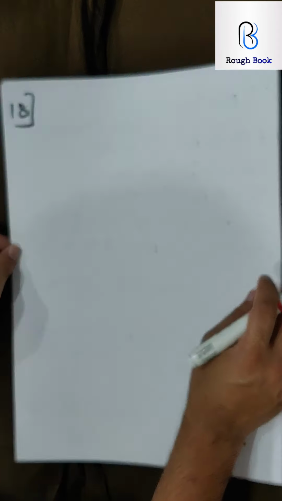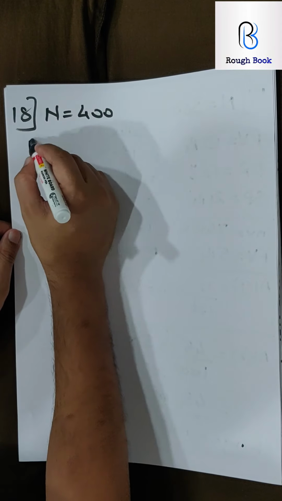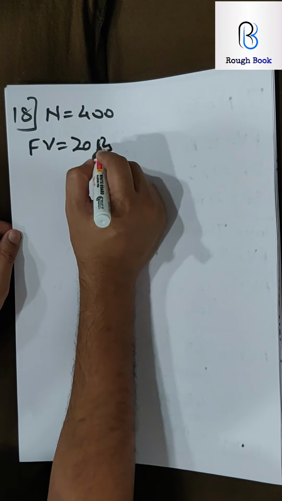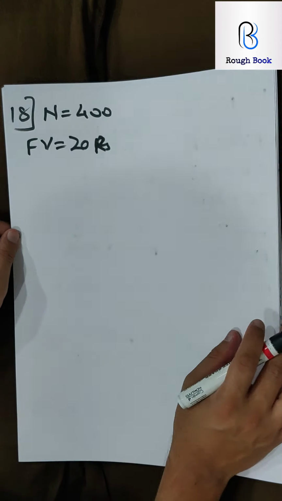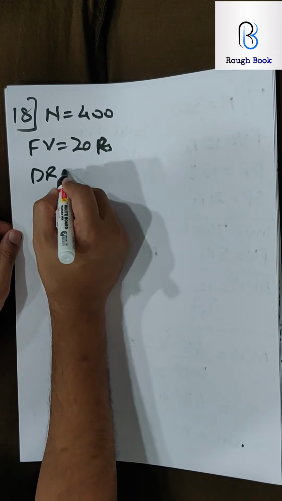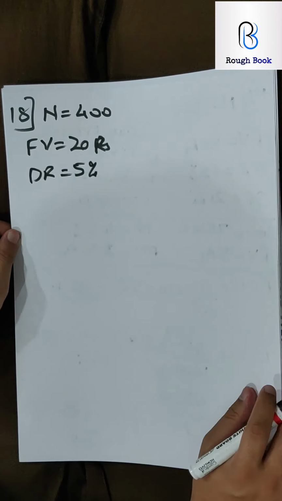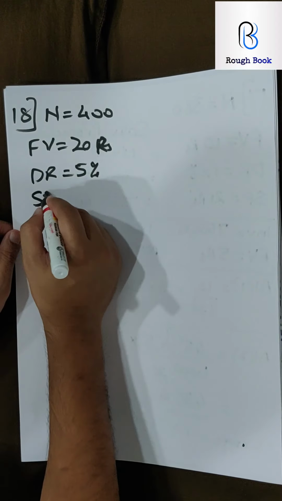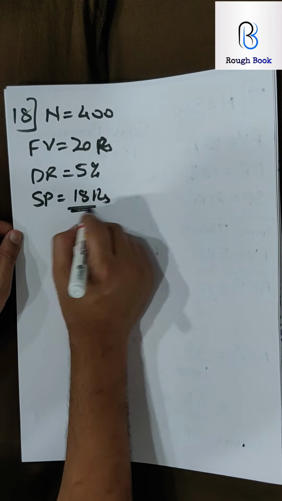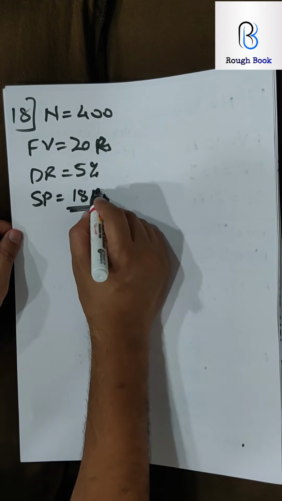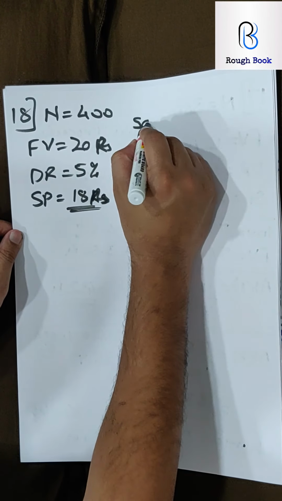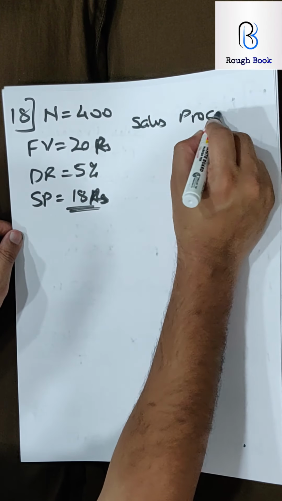A man sold 400. So number of shares 400, rupees 20. So face value 20 rupees, of a company paying 5%. So dividend rate 5%, at rupees 18. So selling price is 18 rupees. This is not market value. This is the price at which he has sold. So what is the sale proceeds he receives?